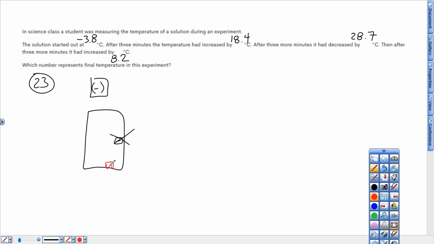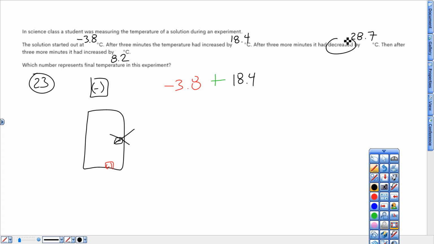So with that being negative 3.8 on your calculator, now when you're going down or up according to what it's saying, now it's just plus or minus. So negative 3.8 made negative on my calculator.